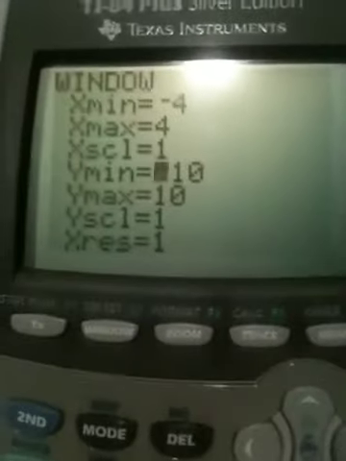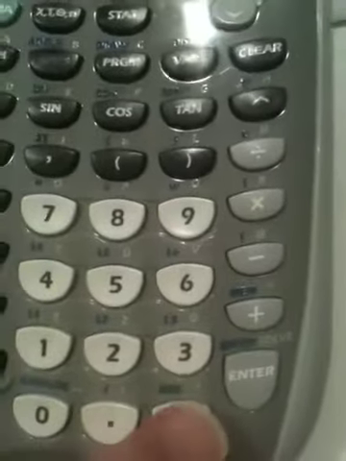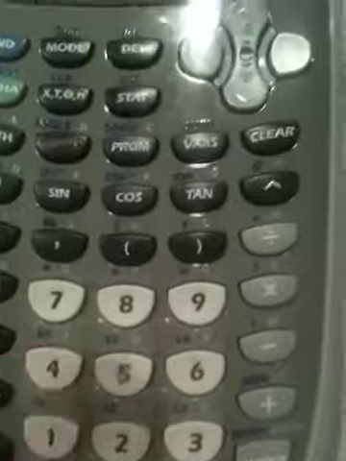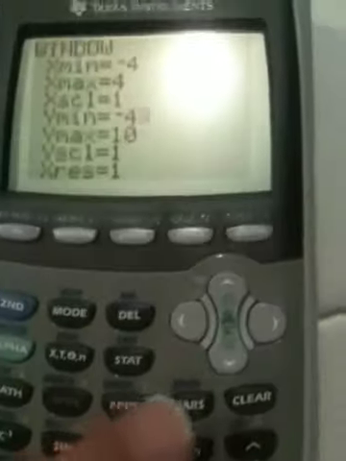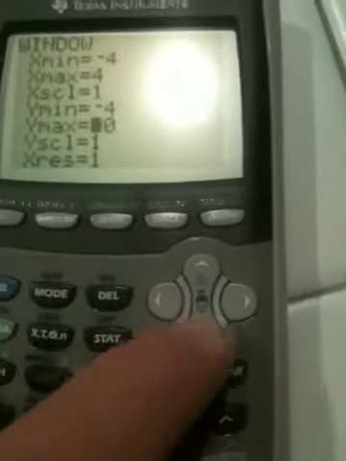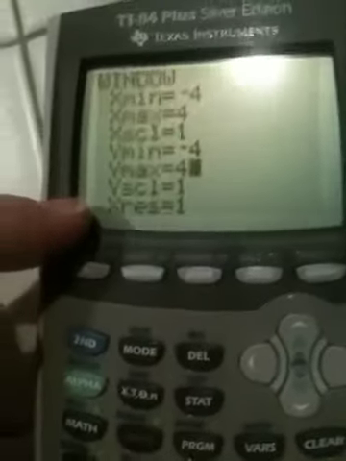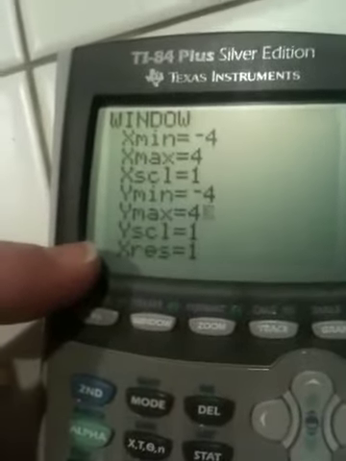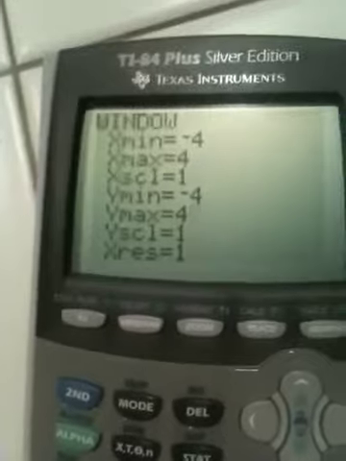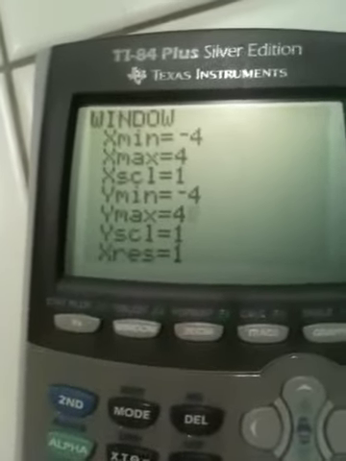My y min is the opposite of 4, because they told me to make it that. I use my down arrow key. My y max is a positive 4, and I don't change my y scale. And the x resolution simply has to do with how fast a graph graphs for you. We don't need to mess with that.